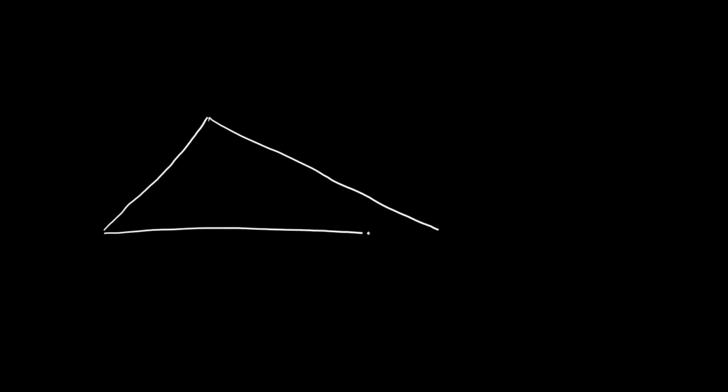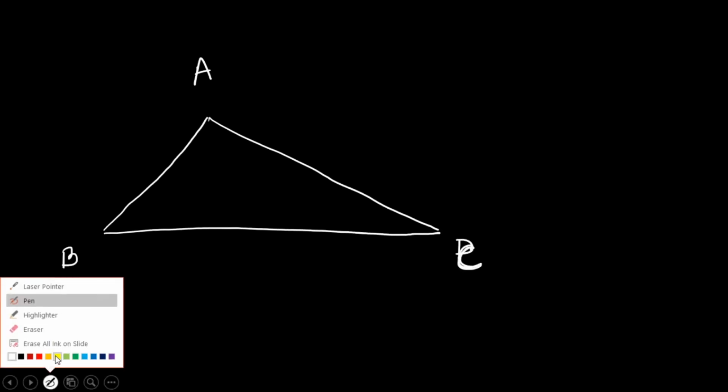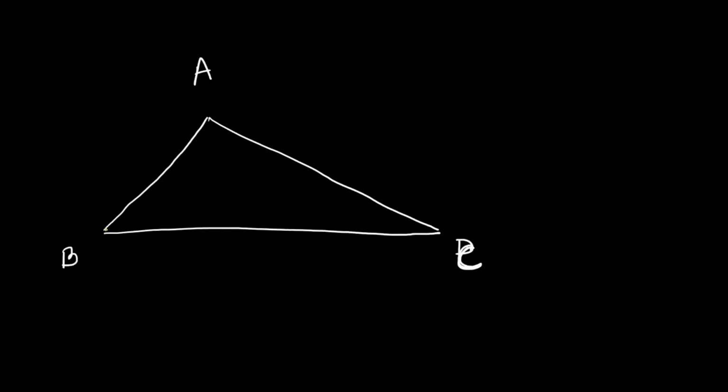The next one is one of my all-time favorites, and that goes like this. Take any triangle. Now I am just drawing some arbitrary triangle. Let's call it ABC, and let's follow the construction where I draw a perpendicular bisector.